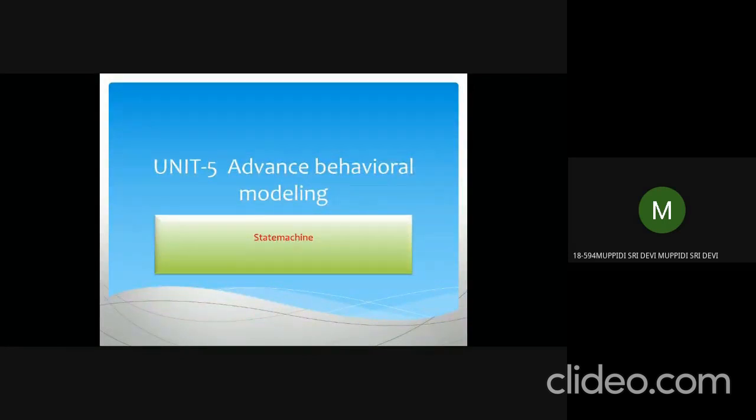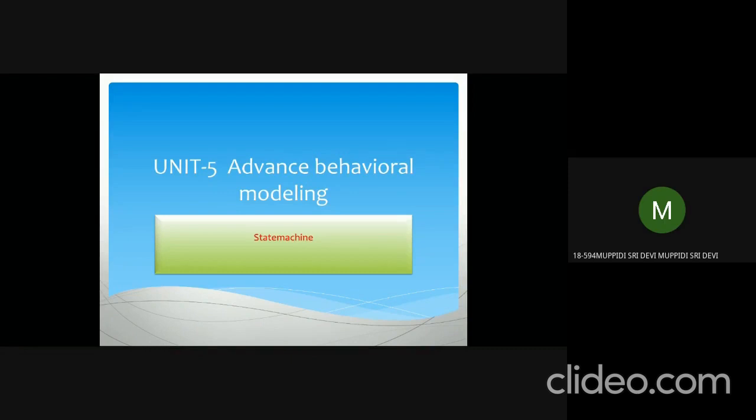If you want to understand state chart diagram, you need to know some state machine. Both are similar, equal. The only difference is that in this topic we concentrate on state machine, and in state chart diagram we concentrate on the diagram. We will take some real-time examples and draw the state chart diagram.